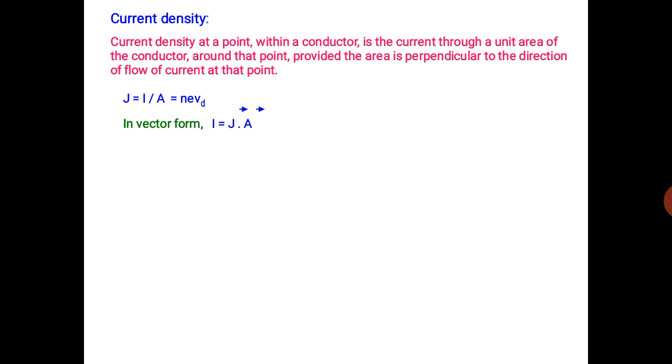In vector form, the dot product of current density and area gives the electric current I, and electric current is a scalar quantity.